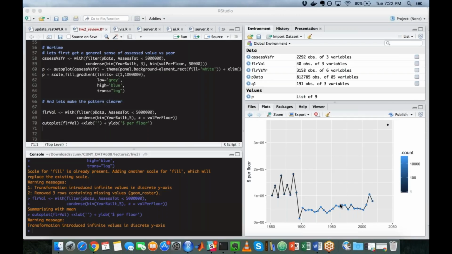If you are really answering this question, you begin thinking: are you just comparing this to your entire sample? Are you going to account for time at all? Some people did three divisions, before the war and after the war. So there are a lot of different ways that you could look at something like this.